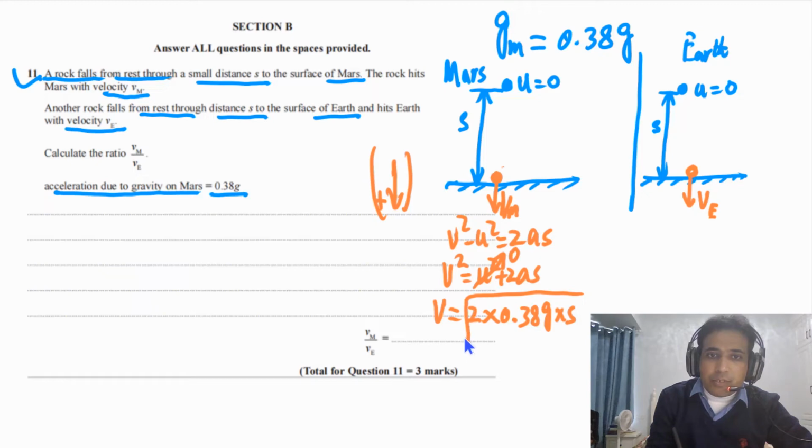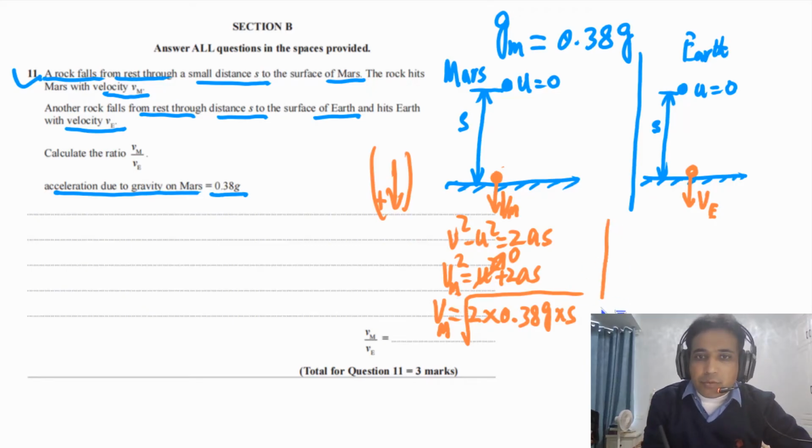We can do the same for ve. So ve has to be equal to the square root of 2as, so the square root of 2 times g times s.